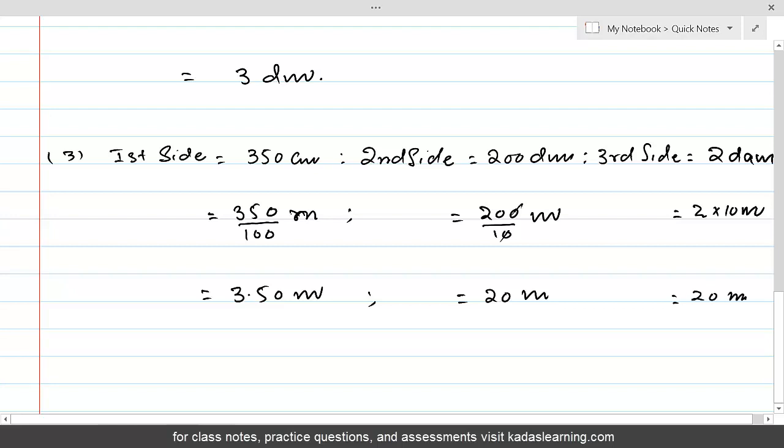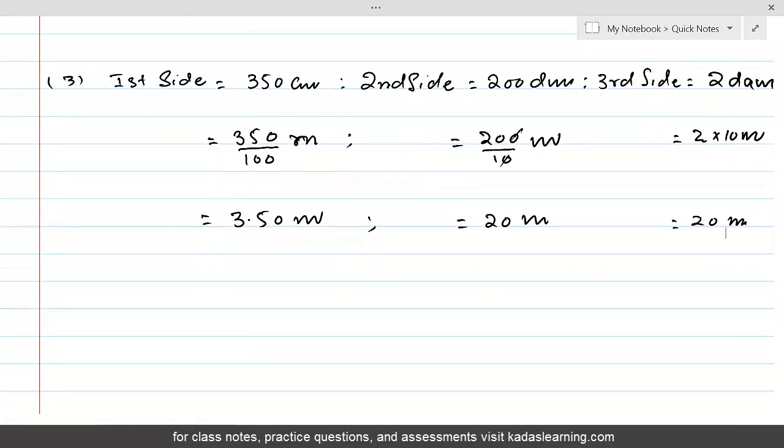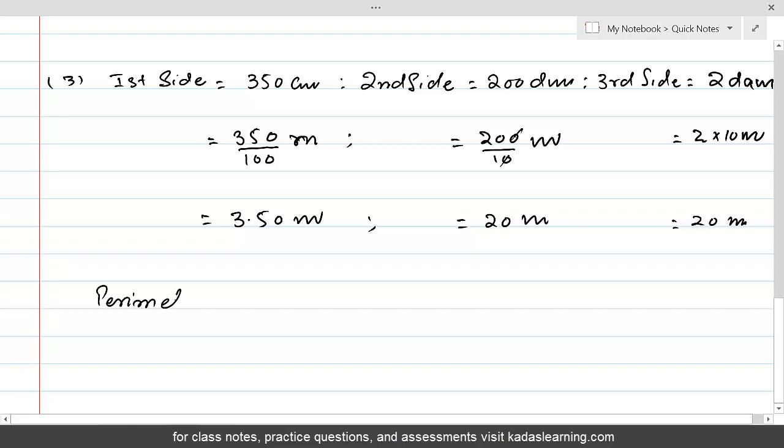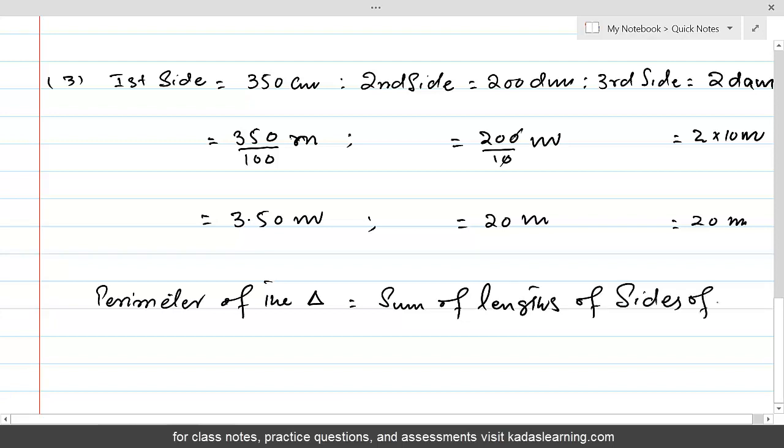Now once you have converted all the lengths of the sides of the triangle into meters, you can take the perimeter of the triangle. So the perimeter of the triangle is equal to the sum of the lengths of the sides of the triangle, which is equal to 3.50 plus 20 plus 20.